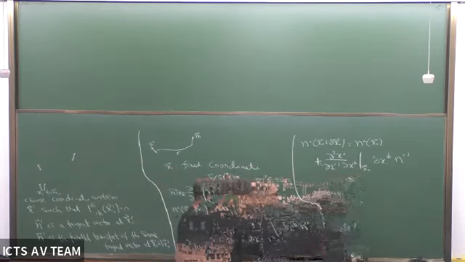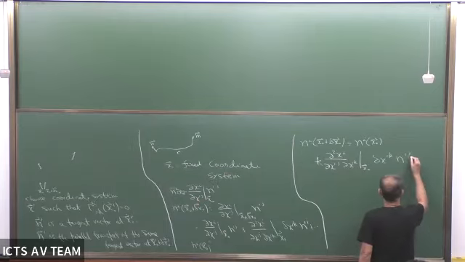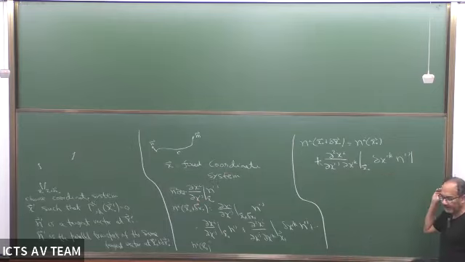Well, this is n prime j at x naught. Yes, n prime j by definition was what it was at x naught.